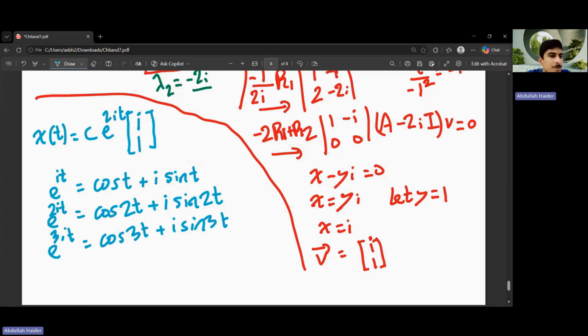I kind of forgot what rule or identity this is, but you need to know it. If you have 2 here, it means cosine 2t plus i sine 2t. So you get what I mean.